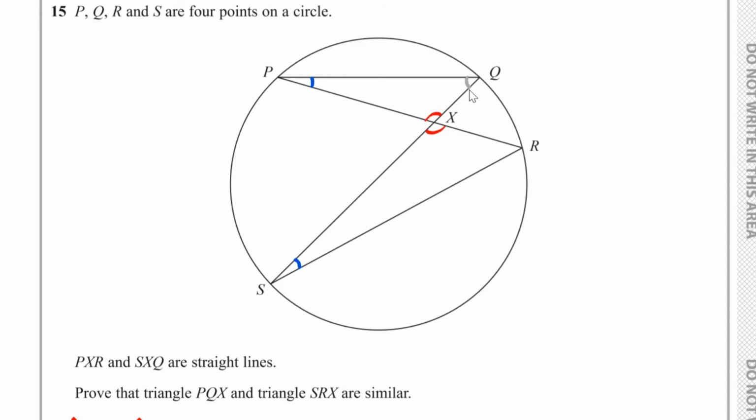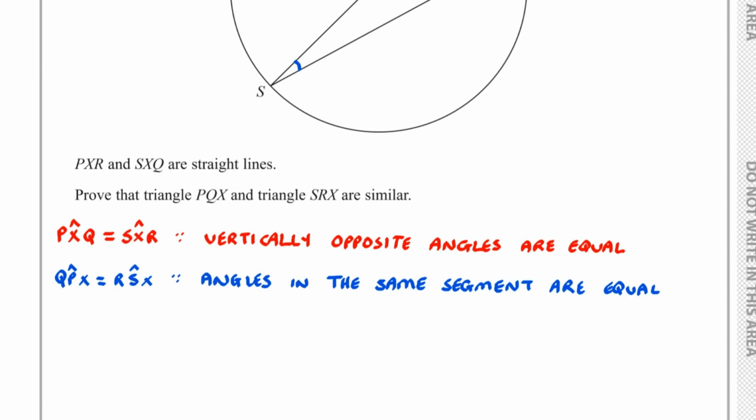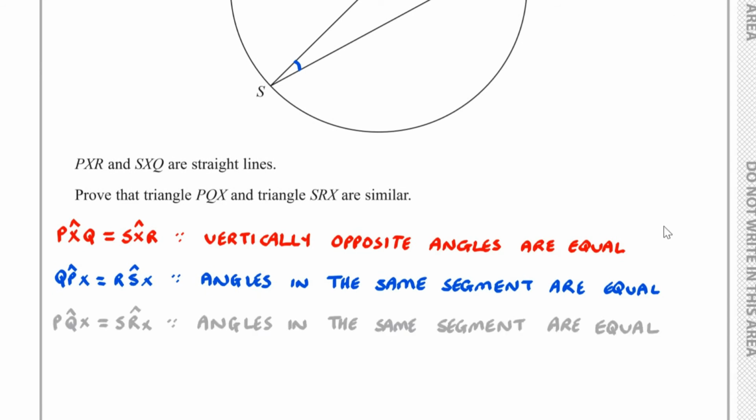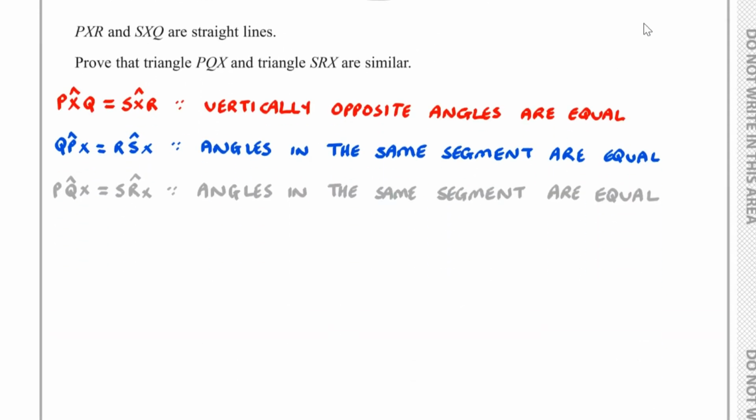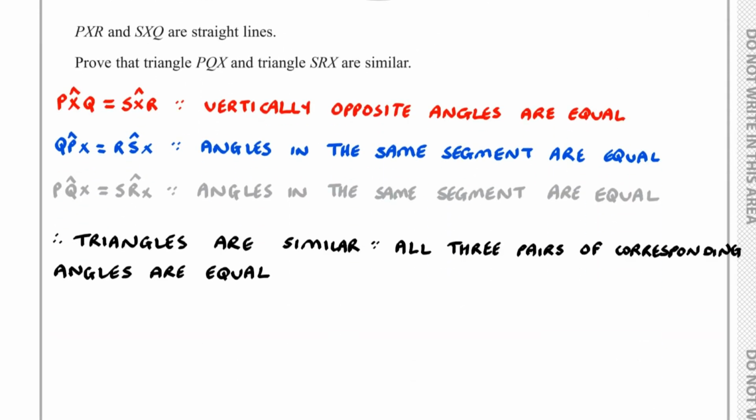And similarly, this angle here is equal to this angle here for the same reason. Now, these triangles will be similar because the corresponding angles are equal. So all three pairs of corresponding angles are equal, which means the triangles are similar.